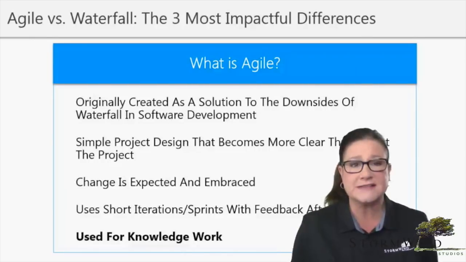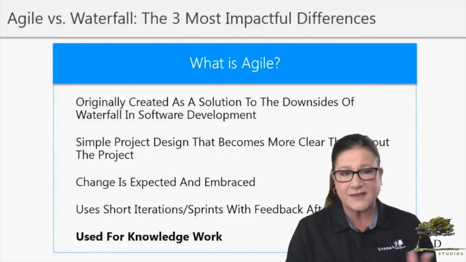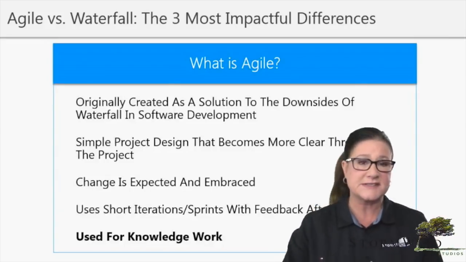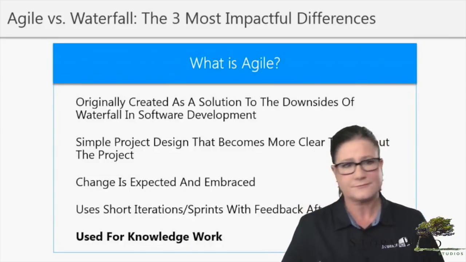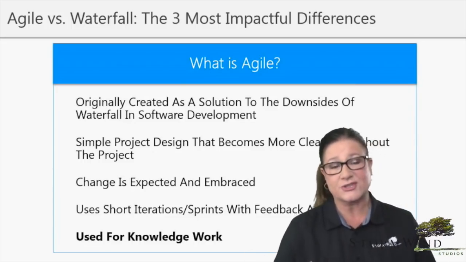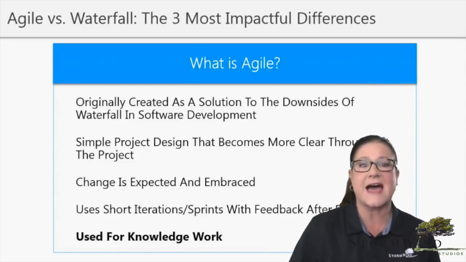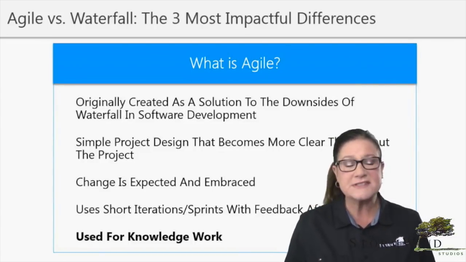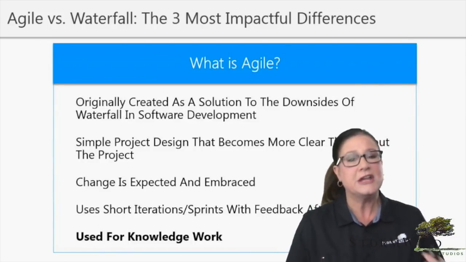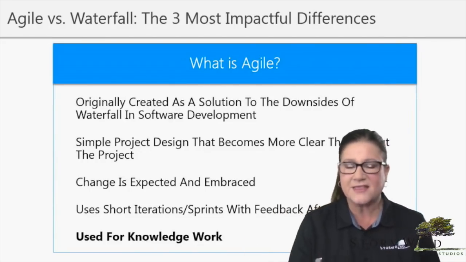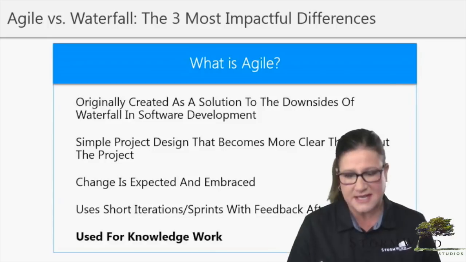And they can look at that and say, well, on the website that you're building me, I'd rather have the enter button on the left instead of the right. Can you do that? Absolutely, because we haven't gotten too far into the actual project and we can adapt, adjust, and practice agility. Most of the time, this is going to be for more knowledge work, software development, websites, things like that, where we're not actually producing something tangible.